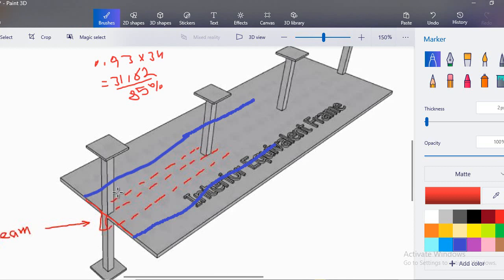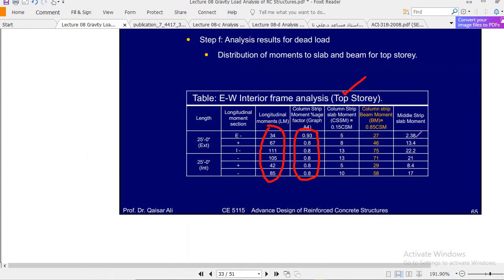It will be taken by your slab, and the rest of the moment, that is 27, is taken by the beam. So in the beam there will be 27 kip-feet moment. This is very, very important. Now the rest, 2.38, will go to the half middle strip.